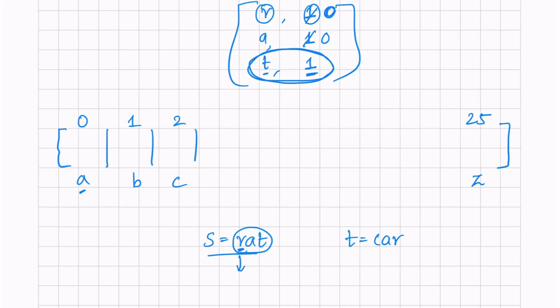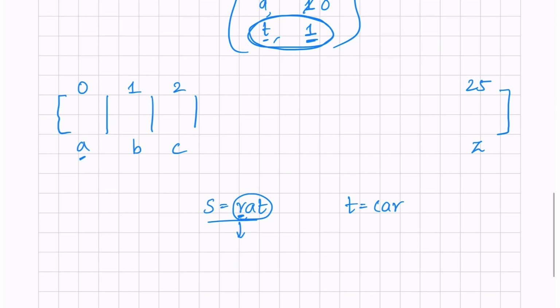How? Let's see. If you look up the ASCII table, the decimal value for lowercase r is 114, and the decimal value for A is 97. If you subtract 97 from 114, you get 17.